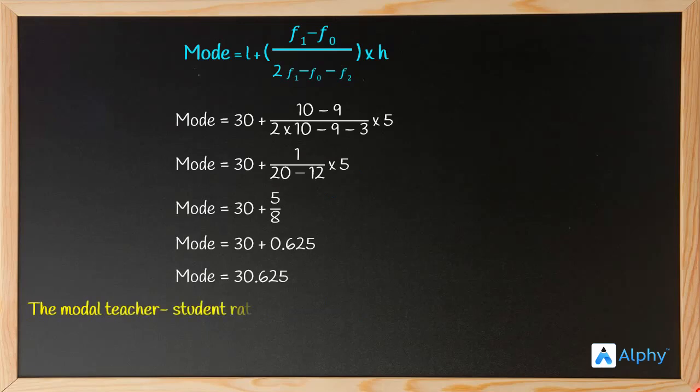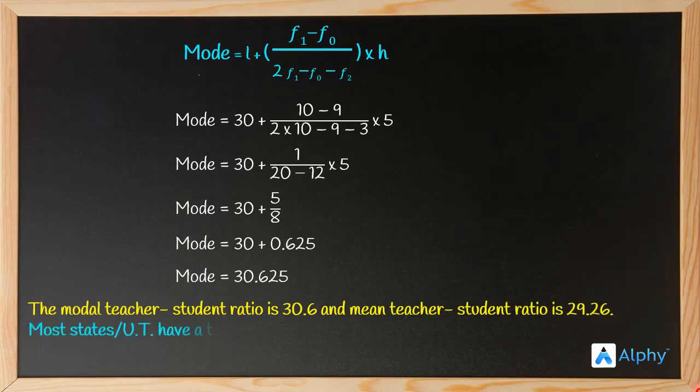Hence, the modal teacher-student ratio is 30.6 and the mean teacher-student ratio is 29.26. So we can say that most states or union territories have a teacher-student ratio of 30.6 and on average, the ratio is 29.26. Here, the average is represented as the mean.